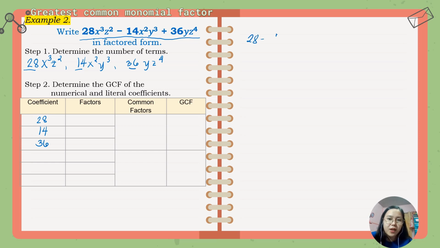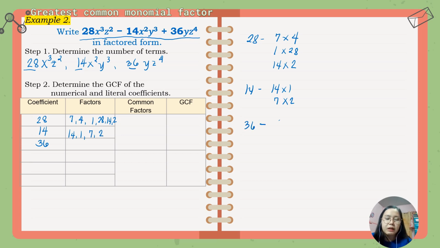Meron tayong 7 times 4, 1 times 28, 14 times 2, yun lang ata. So, 7, 4, 1, 28, 14, tsaka 2. Si 14 naman, meron siyang 14 times 1, 7 times 2. So, 14, 1, 7, 2.